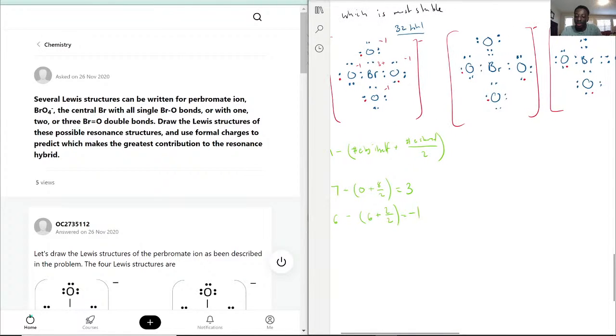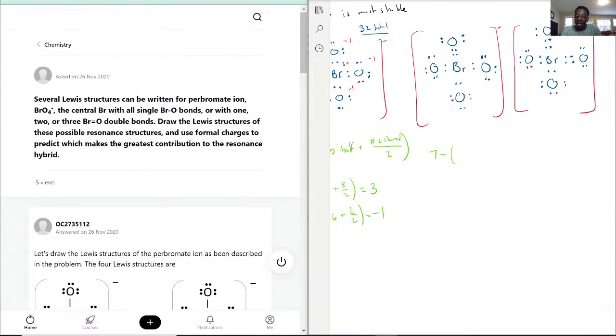So bromine in this case now has a double bond, meaning it still has 0 electrons by itself, but instead of sharing 8 from before, it's sharing 4, 6, 8, 10. So now bromine has a charge of 2 plus.